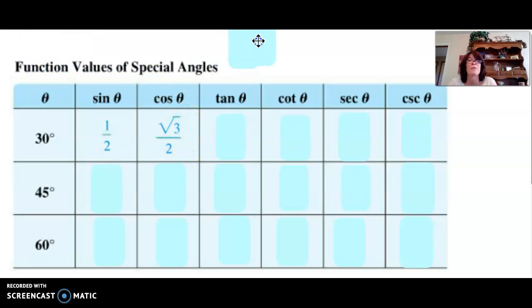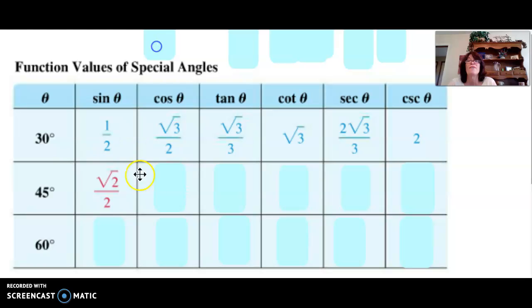We don't want that decimal approximation. We just saw all these. Tangent, we didn't do that one, but it's square root of 3 over 3. Cotangent, we flip that, and we get square root of 3. Secant, I flip cosine, 2 over the square root of 3, but then we rationalize it. Cosecant is 2 because I flip sine.